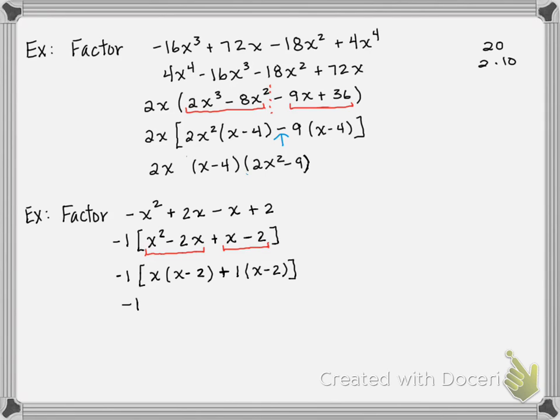So now we have negative 1, our common factor of x minus 2, and then x plus 1. You don't have to write that 1, but it gives us something visually so that we know that second factor is x plus 1. We don't lose any factors.